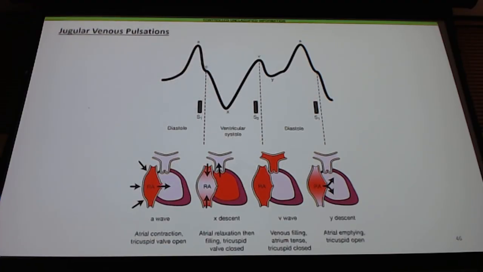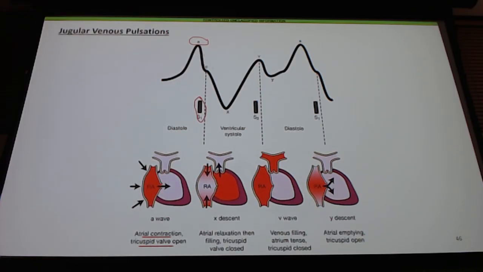And we also talked about how you have the jugular venous pulsation waves and the waveforms. We talked about how the A wave is the atrial kick, where the tricuspid valve is open, so you're getting that active flow of blood out of the atria and into the ventricle. Right just after that peak, you're going to get a closure of the tricuspid valve, which is going to start your systole.